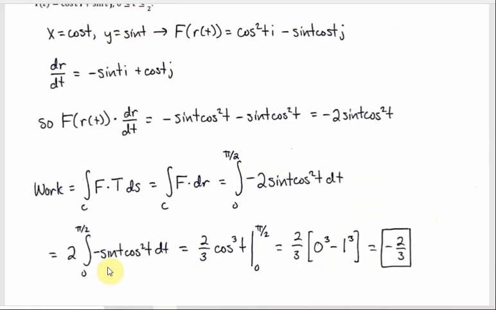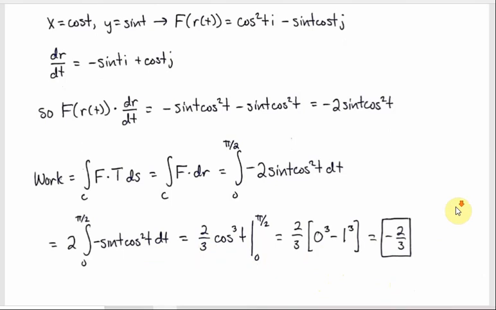You can bring the 2 out front if you want to, and then that becomes a u substitution where u is cosine t, because then du is negative sine t dt. So you integrate that, you get 1/3 cosine cubed t, and then that's multiplied by 2, which is how I'm getting that 2/3 there. Then if you figure that out, it's 2/3 times 0 minus 1, which is just negative 2/3.